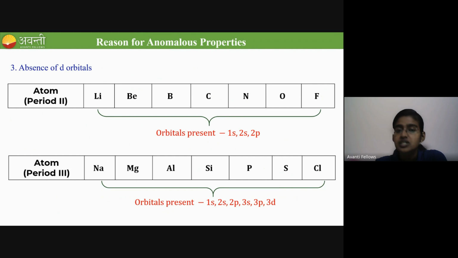They will have the third shell, but second period will have only the second shell. So in the second shell, we do not have d orbital. From the third shell only d orbital starts. Because of the absence of d orbital, second period elements behave differently compared to the others.